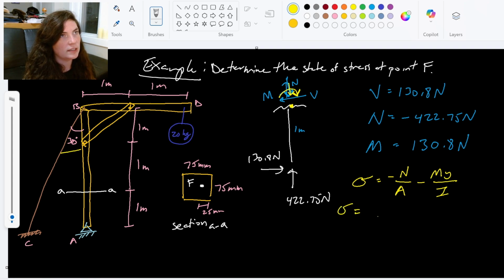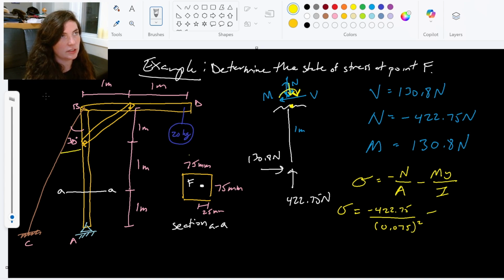I'm going to go ahead and plug in everything I know for this. This normal stress at F, negative, what did we get for this normal? 422.75, since it's in compression, over the cross-sectional area. That's 0.075 meters squared, right? It's a square cross-section.